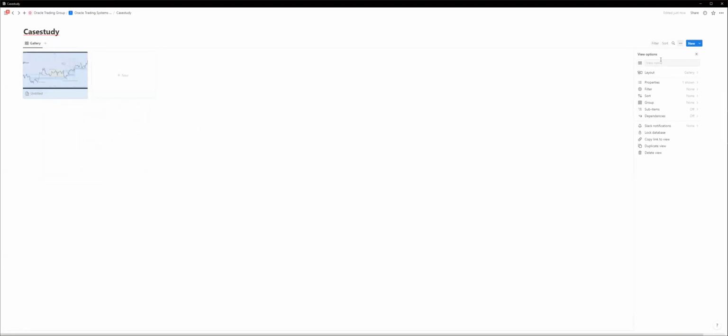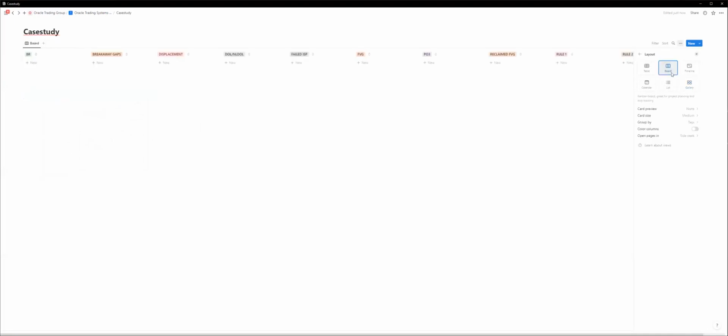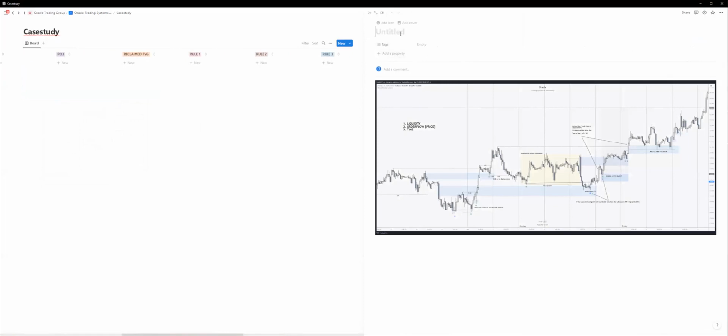And then we can go here, actually, gallery. We can maybe go board. Yes, board. Other than that, I can just slap these all in here. So if I go 1, I'll just put 1. Actually, you know what?